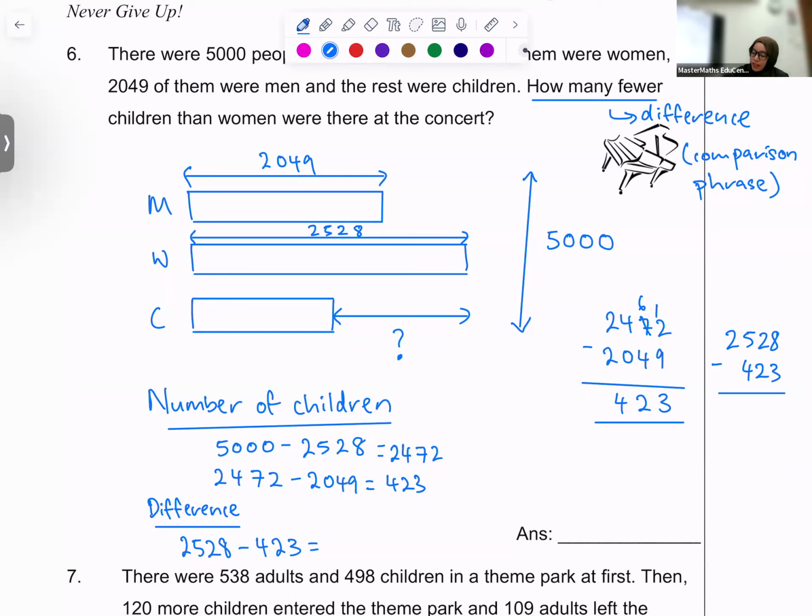Okay, 8 minus 3 is 5. 2 minus 2 is 0. 5 minus 4 is 1. 2 minus nothing is 2. So the answer is 2,105.